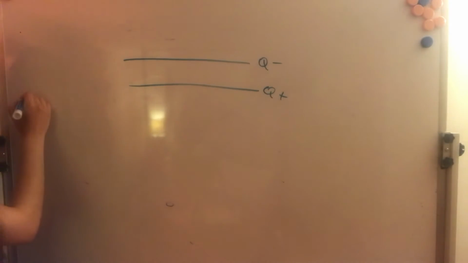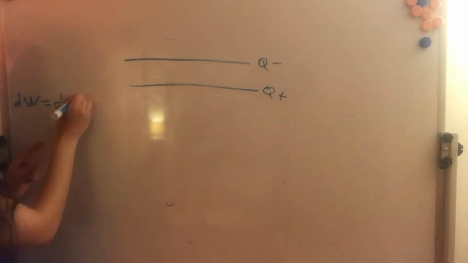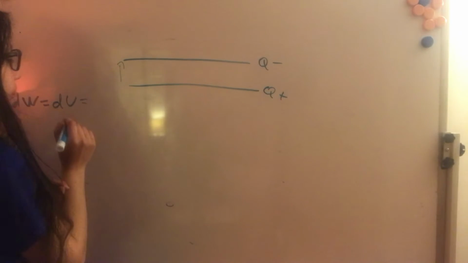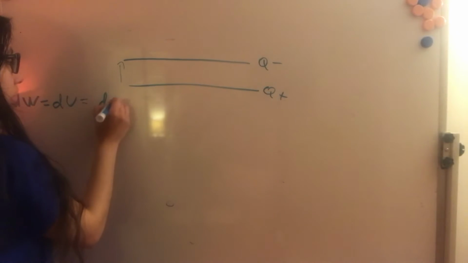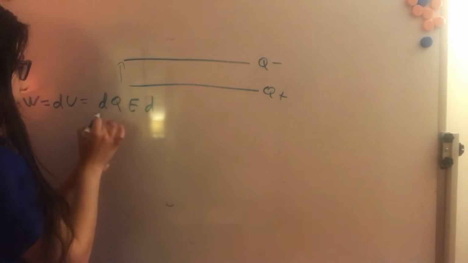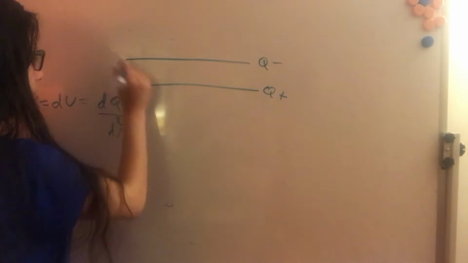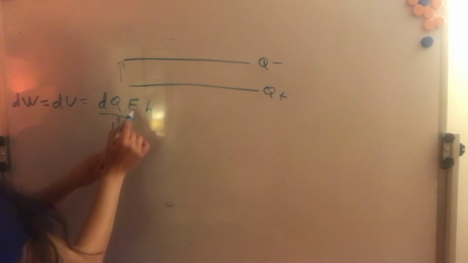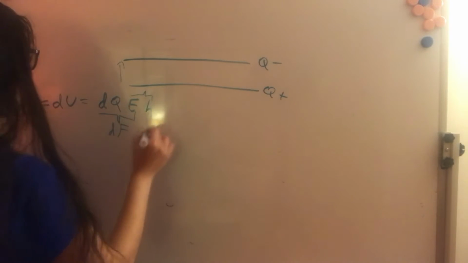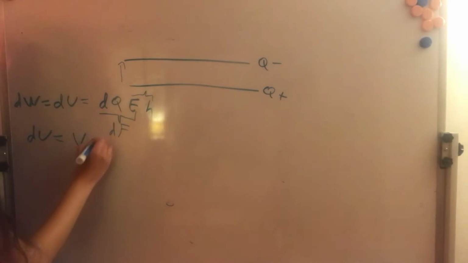The work, or the electrical potential energy, of moving one charge here is Q times the electric field times the distance, because this part is the force and this distance is the height. So the electric field times the height is the voltage. So we have that U is equal to the voltage times the Q.